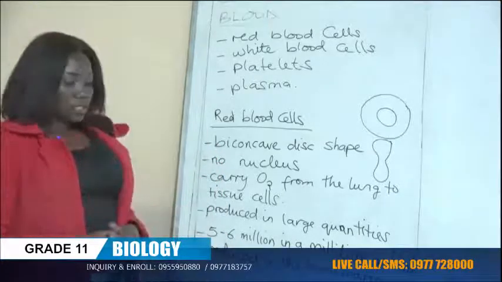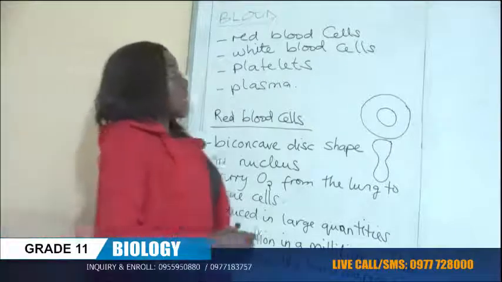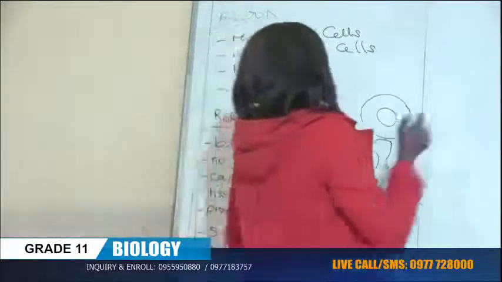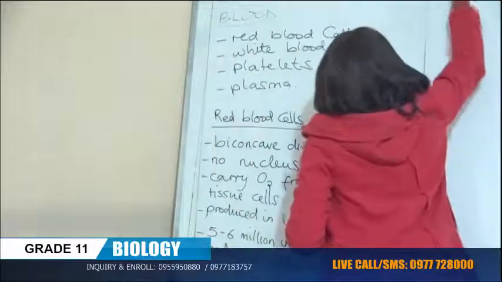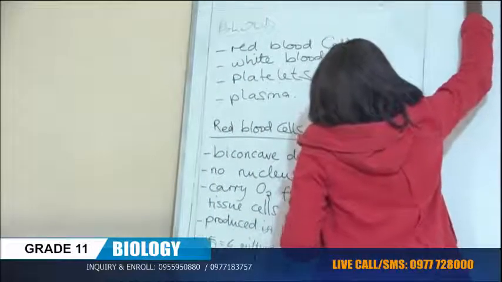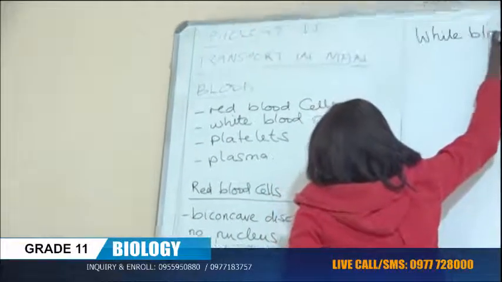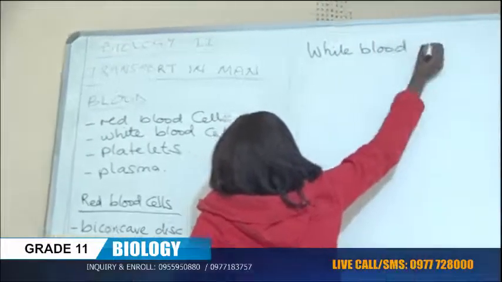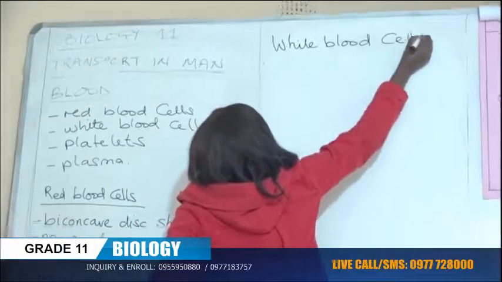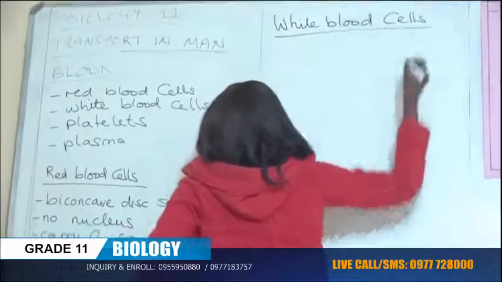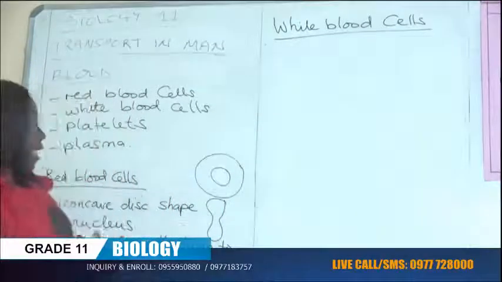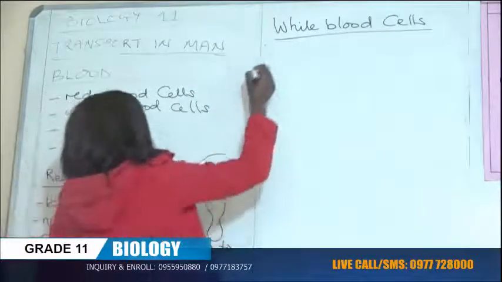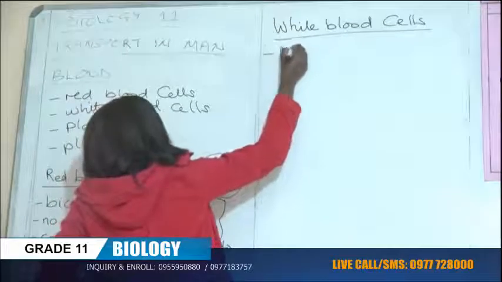So these are the characteristics of red blood cells that we looked at. And then we went ahead to look at white blood cells. Okay. On the other hand, white blood cells are irregular shaped.